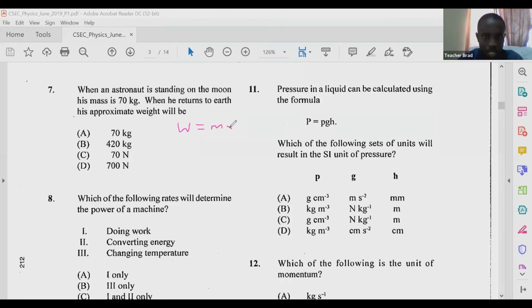If we take gravity to be 10 newtons per kilogram, then we'll have 70 times 10, and that's 700. So his weight is 700 newtons. So your answer in this case is 700. So that's D as in dog.